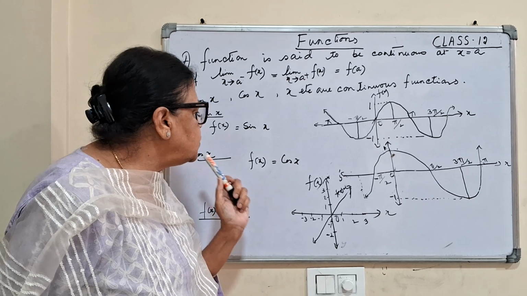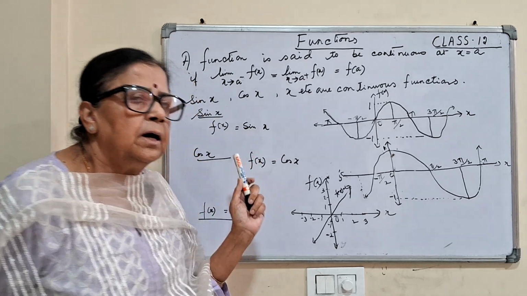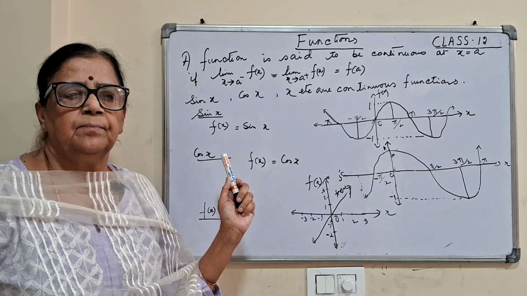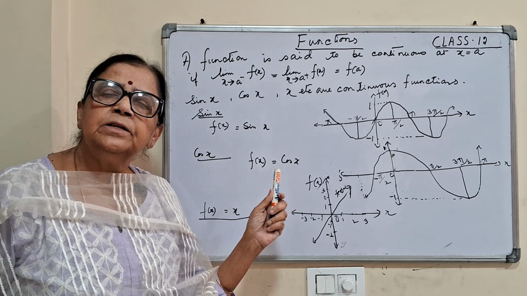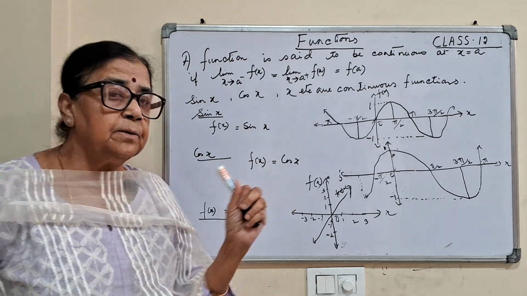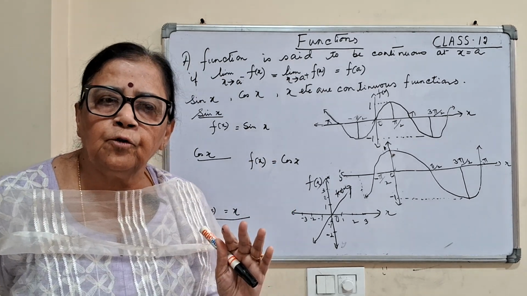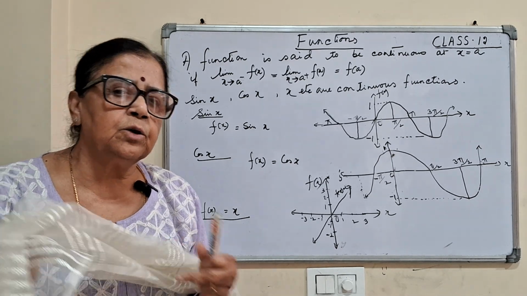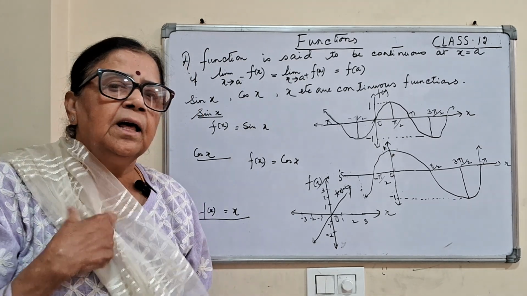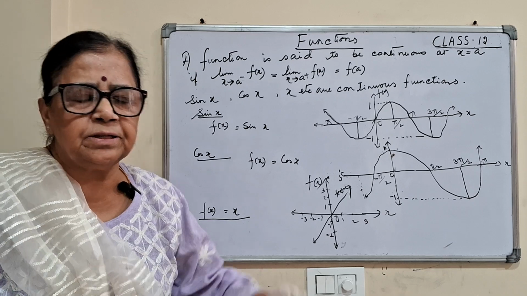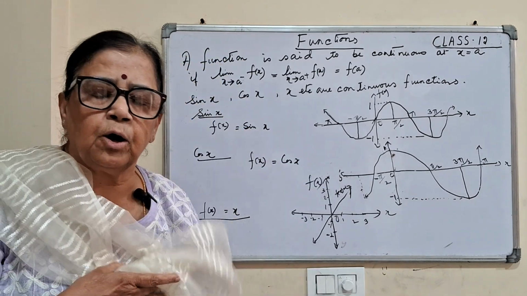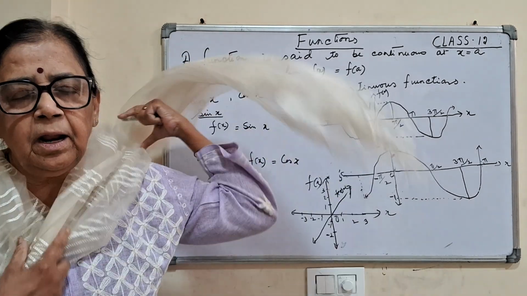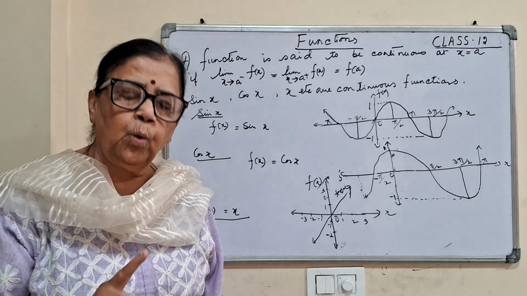Now, we will be dealing with cos x. f(x) is equal to cos x. Let us remember the values of cos. Cos 0 is 1, cos 90 is 0.